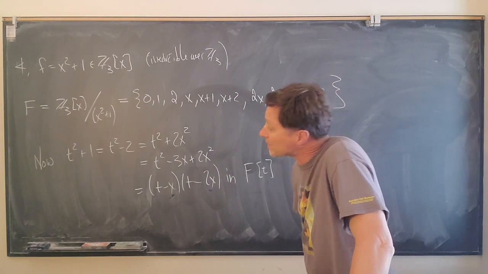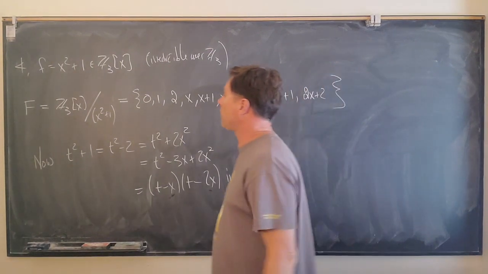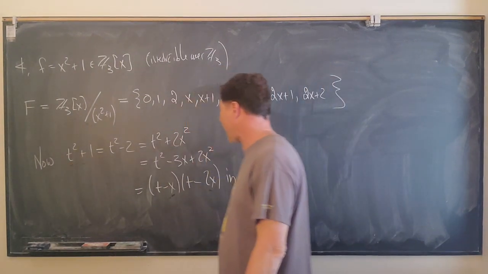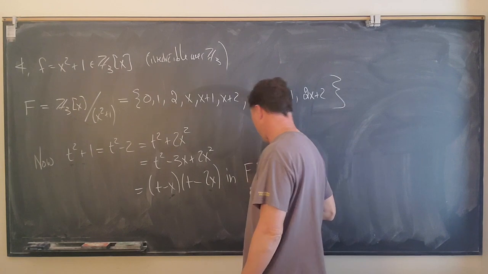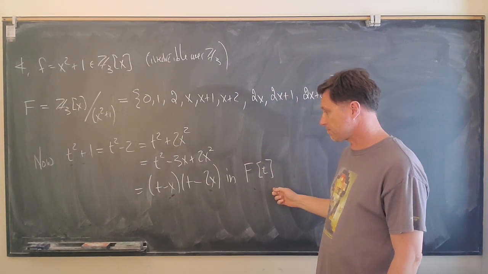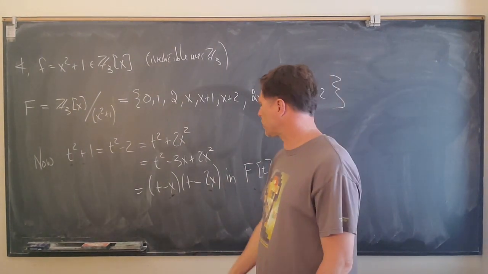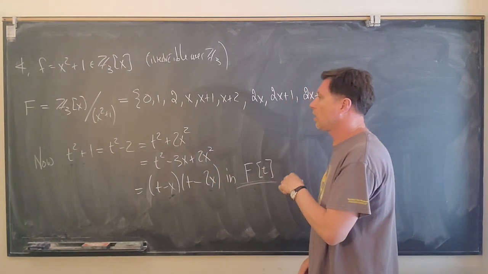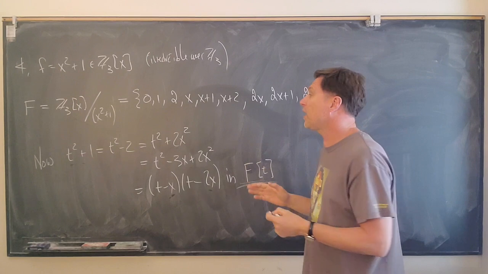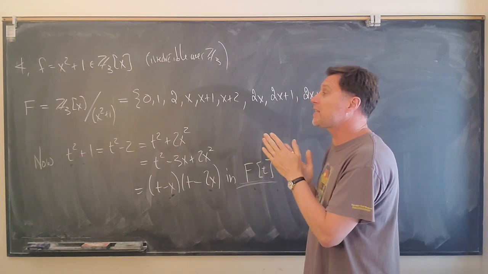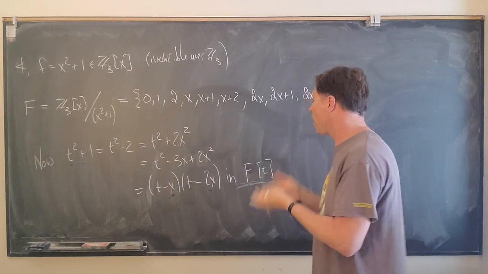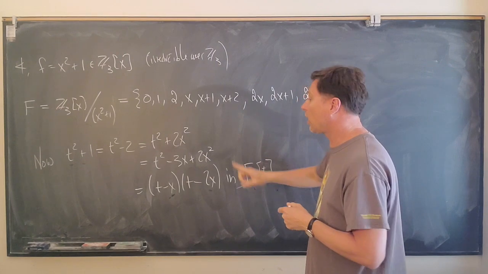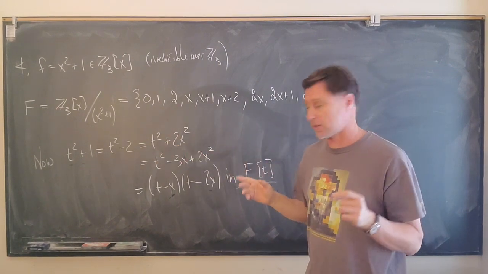Okay, so what does this tell us now? It tells us that our polynomial t squared plus 1 factors completely in F[t]. So it definitely splits over F. And then the question is, is there any smaller subfield of F over which t squared plus 1 splits?